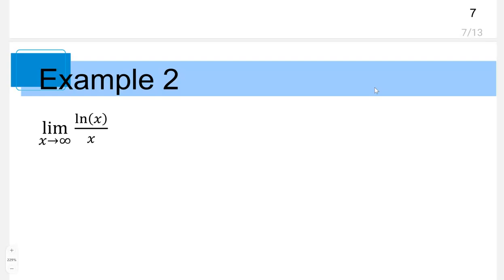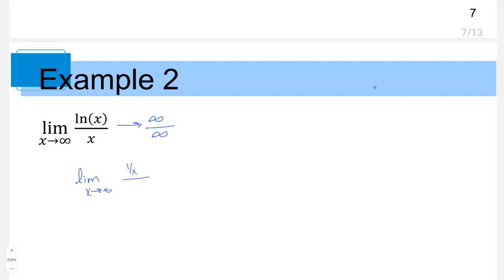Next one, limit as x approaches infinity of ln of x over x. If I plug in infinity, the limit as x gets larger and larger, the ln as x gets larger and larger is going to go to infinity, and that bottom is going to go to infinity. So I can apply L'Hopital's. Derivative of the top is 1 over x.